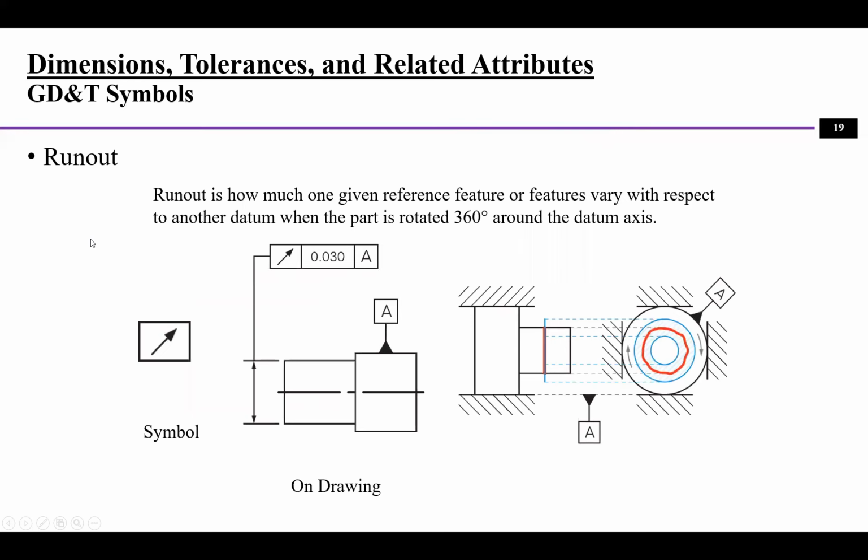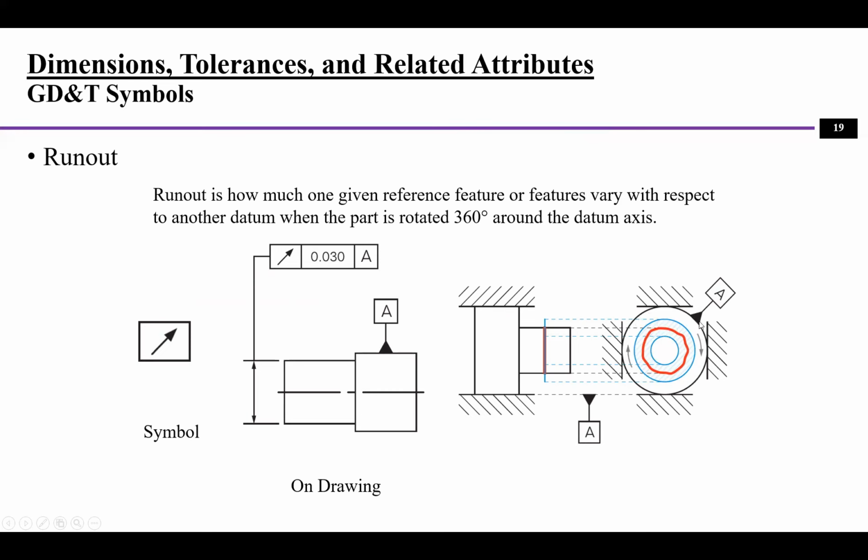Runout. So runout is basically to describe a variation when the part is rotated 360 degrees, how much of the variation it is.